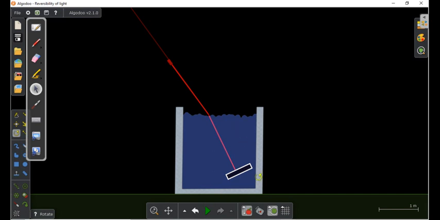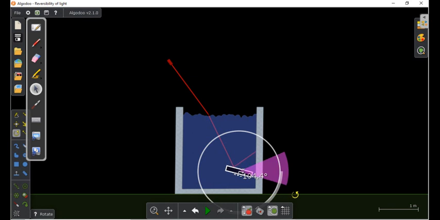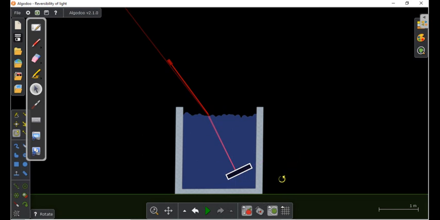If I rotate it, you see it's going away, but if I gradually bring it back, the ray's path has got reversed. Now you see it will come to a particular angle, and there the ray has again retraced its path backward.